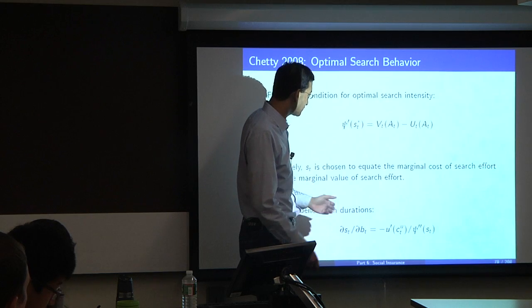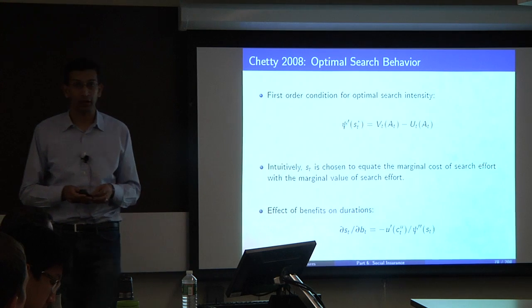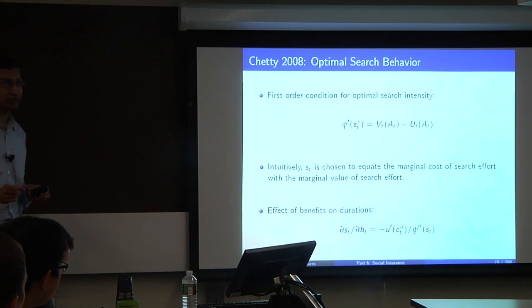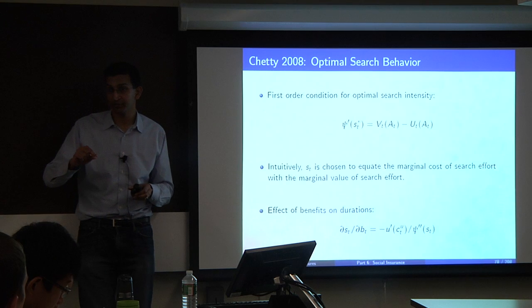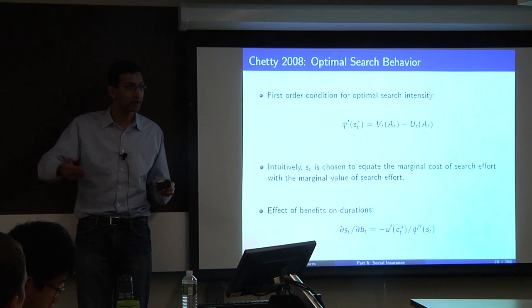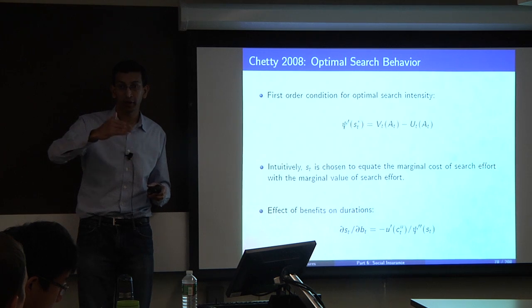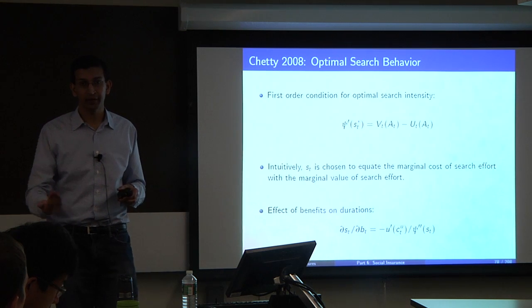What is the impact of an increase in benefits when you're unemployed? That's just given by the marginal utility of consumption in period t. So I'm differentiating with respect to b sub t, so benefits in a given period, like period 3 or something. What's the impact of raising benefits in period 3 by $1? It's just the marginal utility of consumption in that period. And why is that?